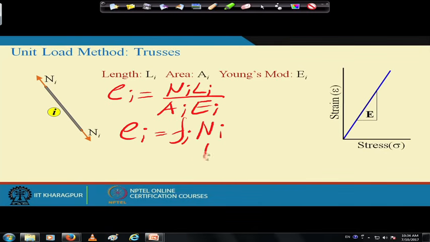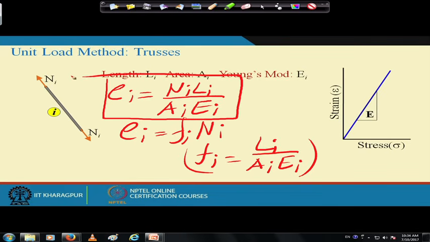delta i is equal to Fi into Ni, where Fi is equal to Li by Ai Ei, which is called flexibility. We will discuss more on flexibility in subsequent weeks. But the only thing that we need to remember from this is this expression.